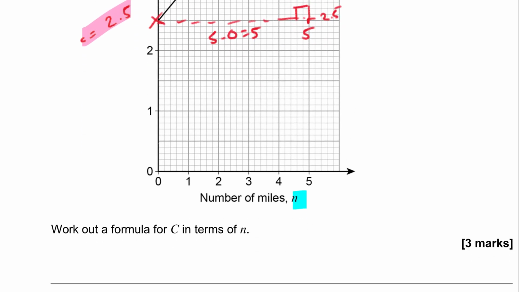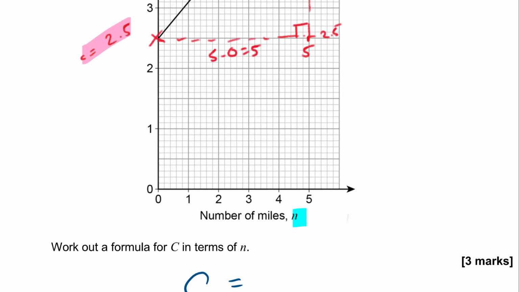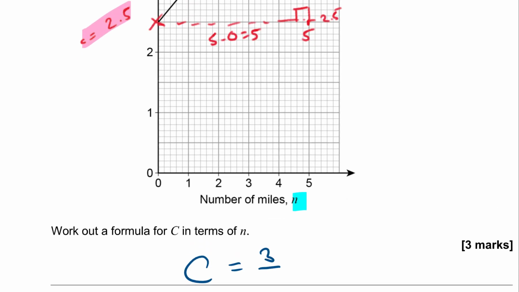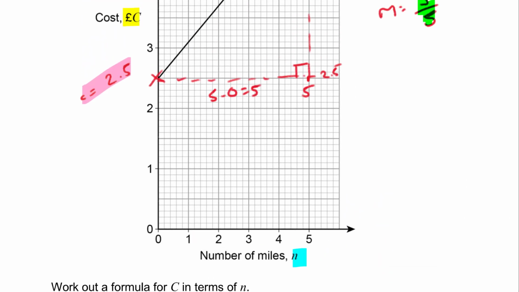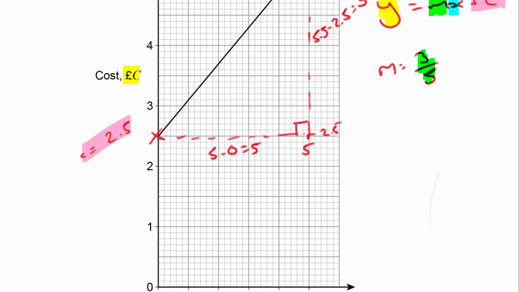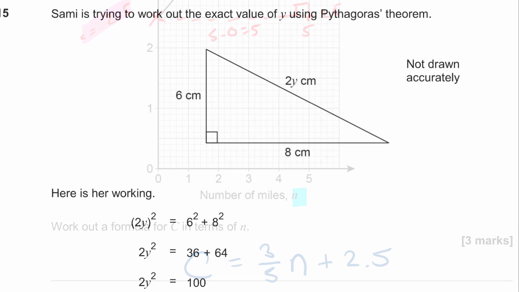Okay, so big C equals gradient 3/5 times n, plus our y-intercept of 2.5. So there's my formula for C in terms of n. Do I need to use it at all? No, that's it.